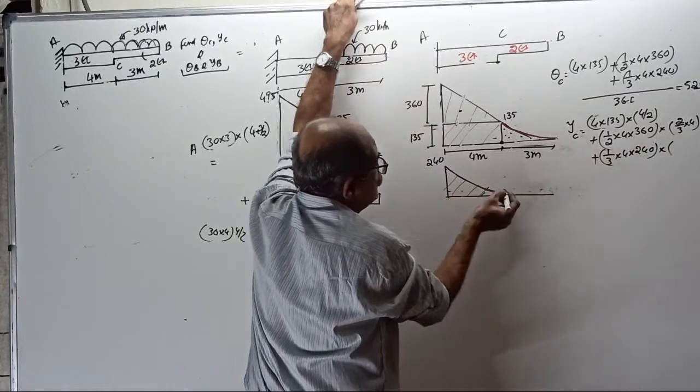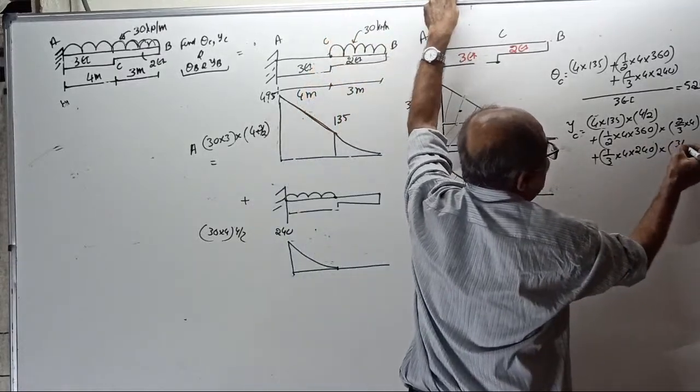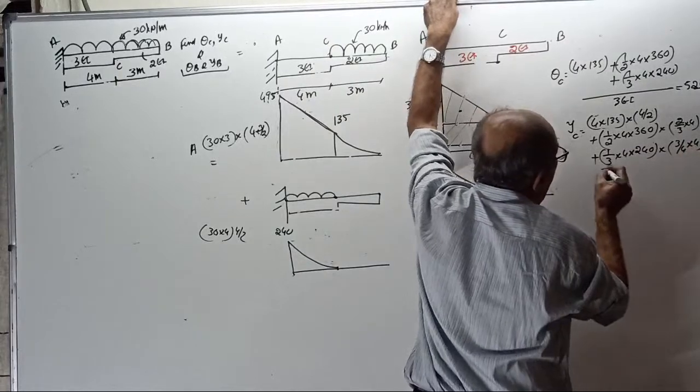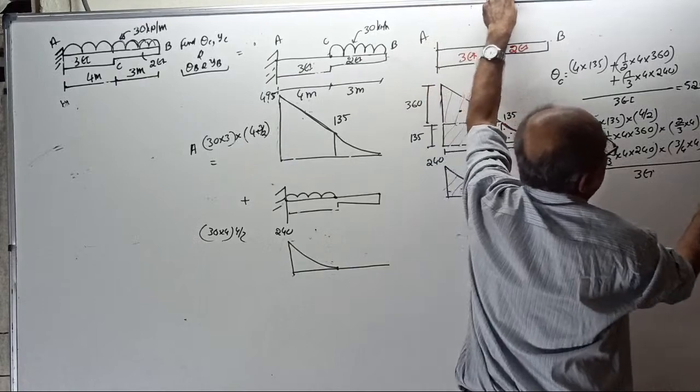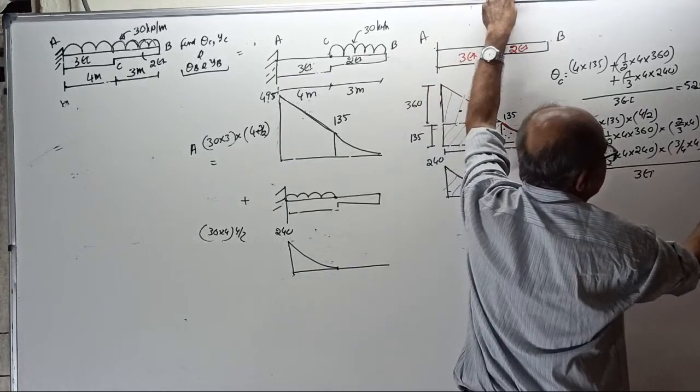This is 1/4, that is 3/4. 3/4 of 4, all of them divided by 3EI. You should get 1320, whatever you got there.